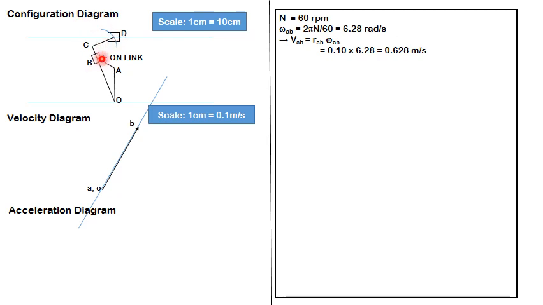So for point E, if I want to determine the tangential velocity, it will be perpendicular to OC. So draw a line perpendicular to OC, and similarly the velocity of B is along link OC. So that's why I have drawn a line parallel to OC, and the point of coincidence of these two lines is nothing but point E, and complete the velocity polygon.